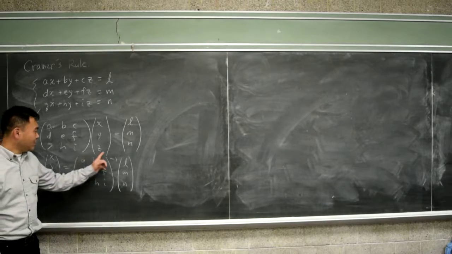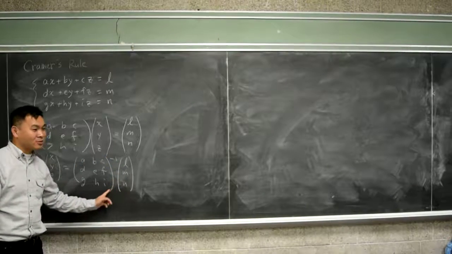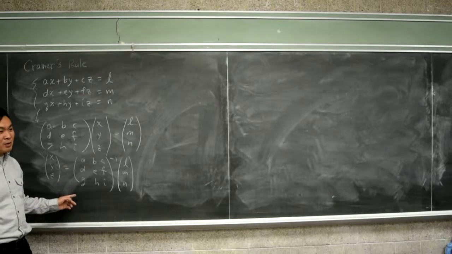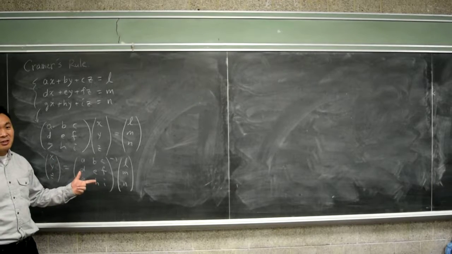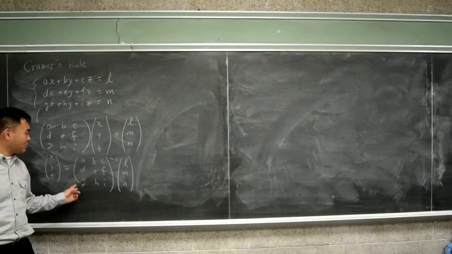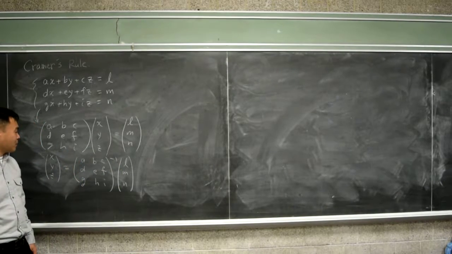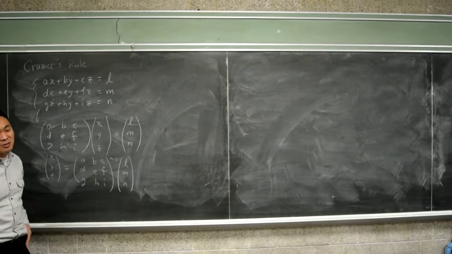But you see, we just figured out how to get this inverse, and it wasn't easy. We had to do two things: find the determinant, and then find the adjoint, and we had to divide the adjoint by the determinant. So it was a rather long process.